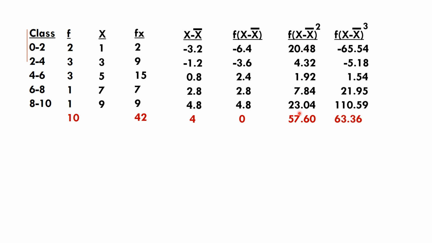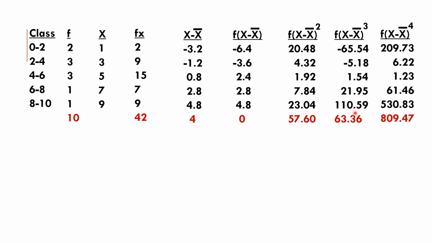Next is (x minus x bar) raised to 3 into frequency. So here we have to take these values 3 times. Minus 3.2 into minus 3.2 into minus 3.2 into 2. That is minus 65.54. Like that all these values are calculated. Then (x minus x bar) raised to 4 into frequency.